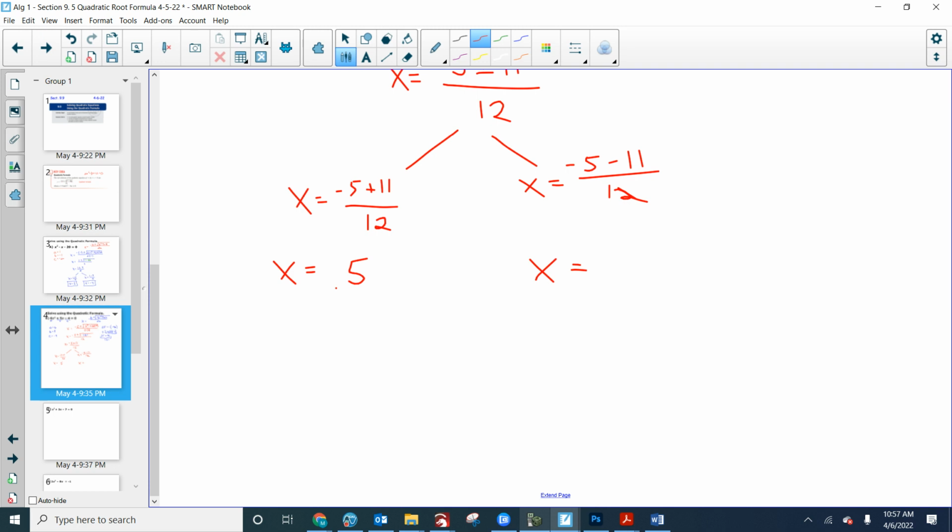Matthew? Maybe 1.3. Positive or negative? Negative. -1.3 repeating. Or maybe you got -16/12 or -4/3. All of those are fine. And those are the what again? Those are the 2 points where the parabola hits the x-axis. Very good. Make sense?